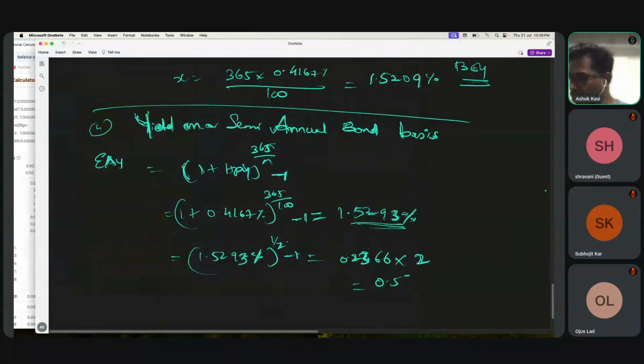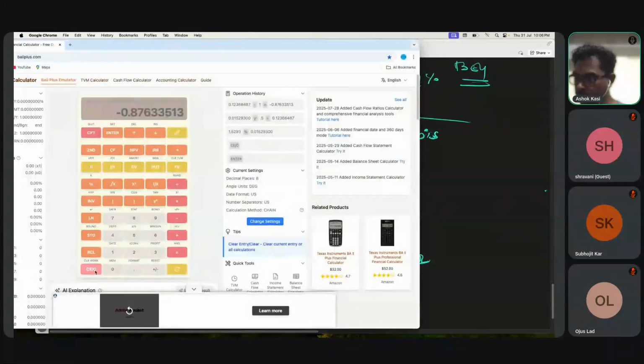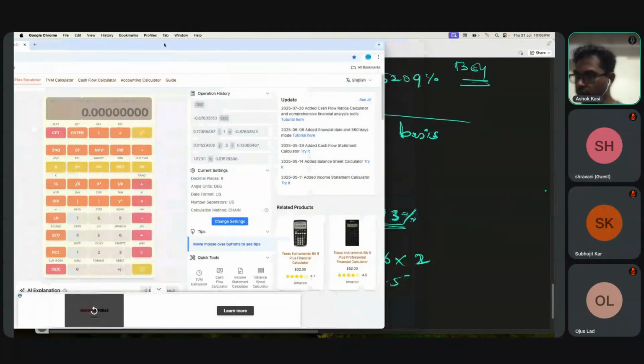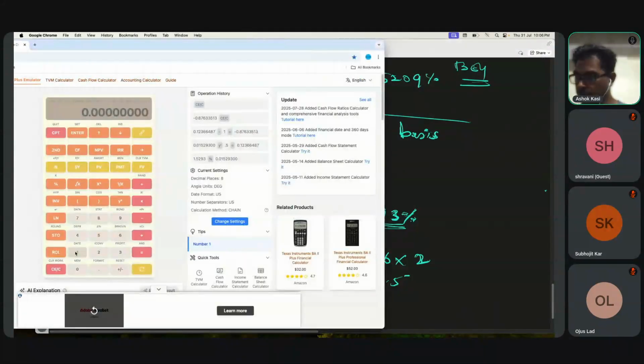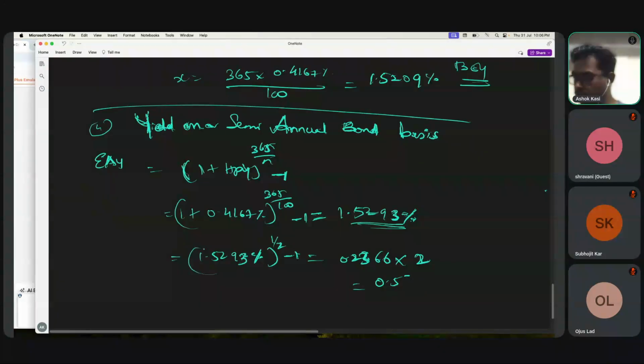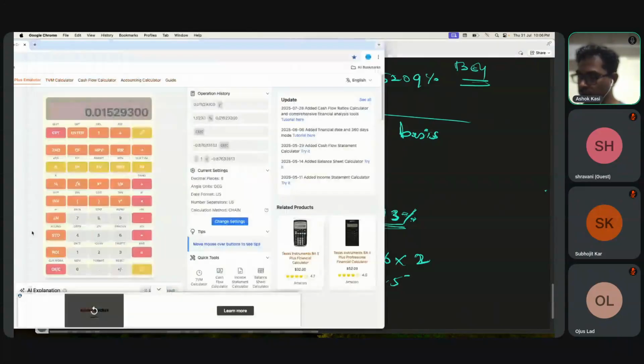Did I do anything wrong? I didn't do the 1 plus.